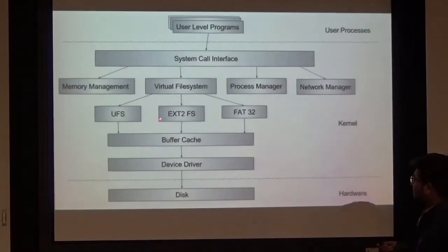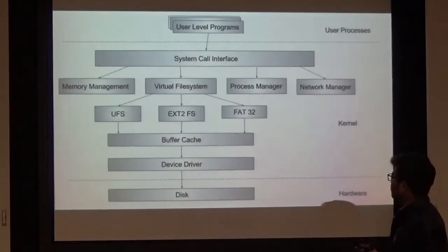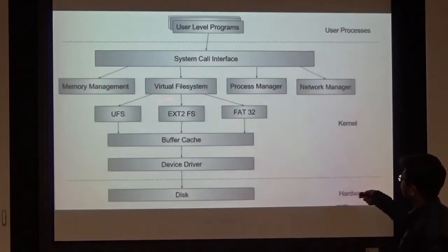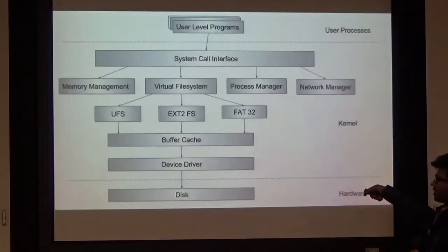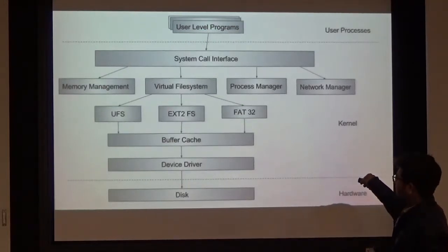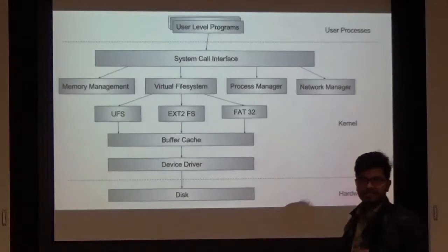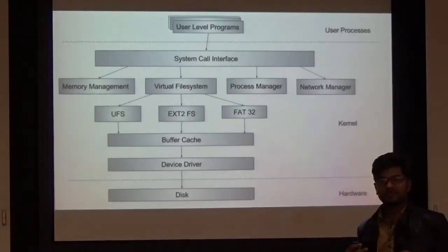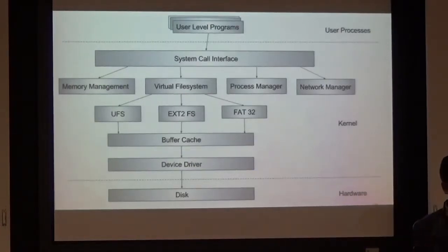Here we have a number of implementations of the file system. The rest of the kernel, the system call interface and other modules, only knows and deals with the virtual file system. Every concrete file system is implemented above the buffer cache, which acts like the disk utility, but optimizes redundant disk access for the same data using caching.